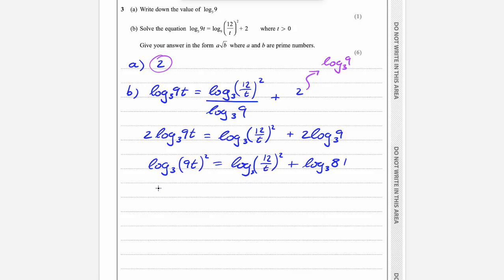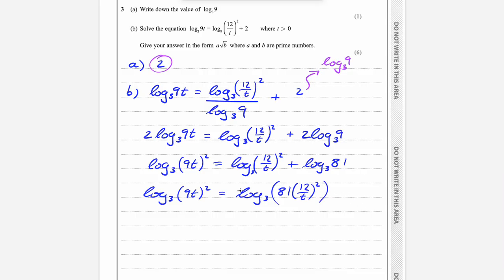Then I can combine these two on the right. So this is going to be log base 3, and then I do this times this, because first rule of logs, log a plus log b is equal to log ab. So this is going to be 81 times 12 over t squared. Now if you want a big bracket there.